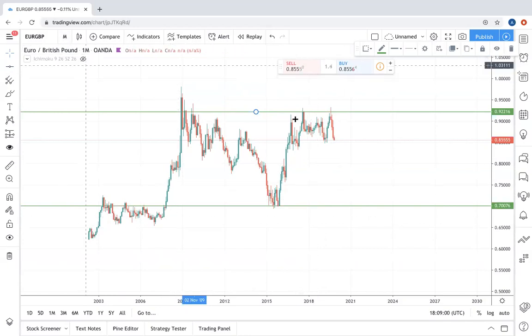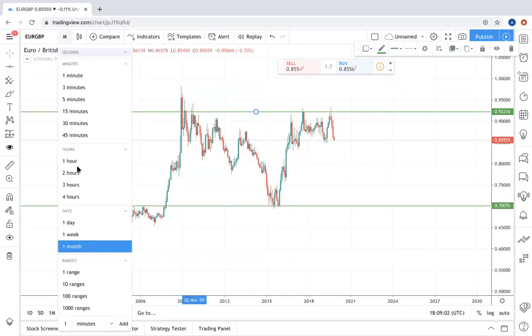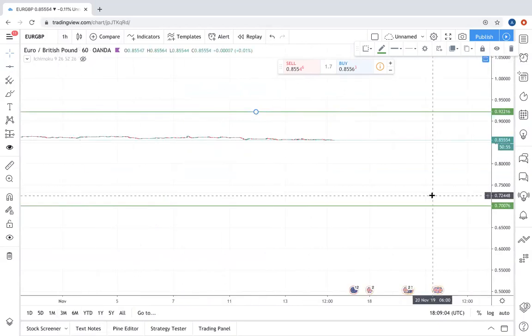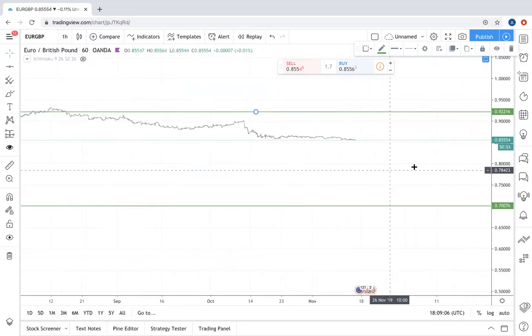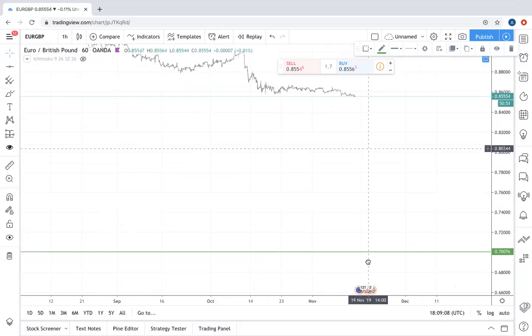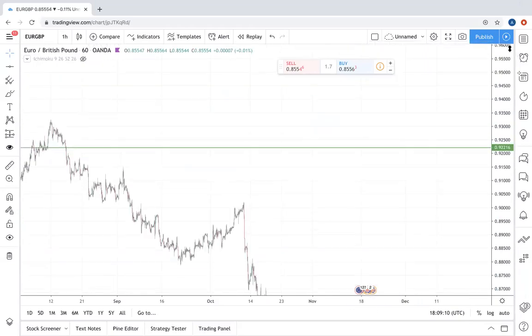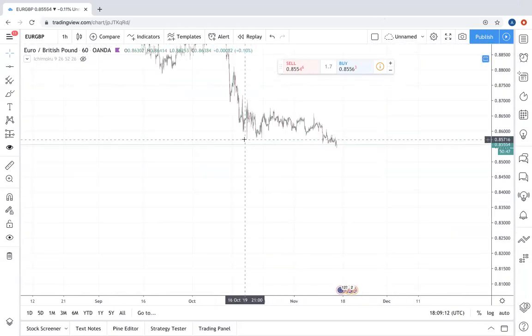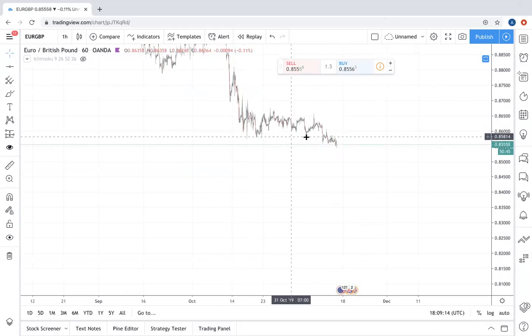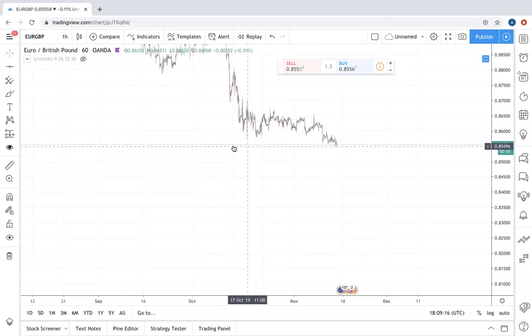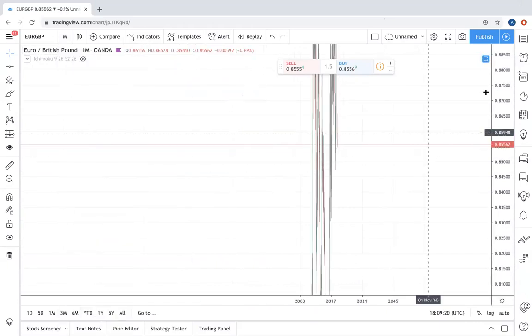But when you go to the lower time frames, it's not always true. You come down to the 1 hour and it looks like we're in this ranging motion, and you don't really know what the trend is. So that's why I always go to the higher ones.